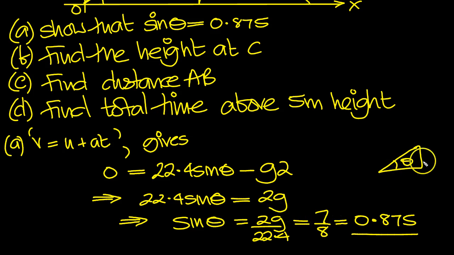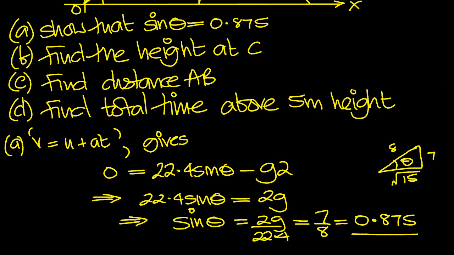The sine is opposite over the hypotenuse. This side squared is 64, this is 49. The difference is 15, so by Pythagoras that side needs to be root 15. So there's our angle theta, and we know sine theta is 7/8 or 0.875.